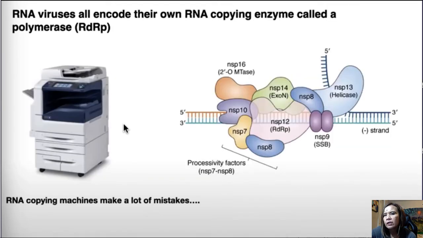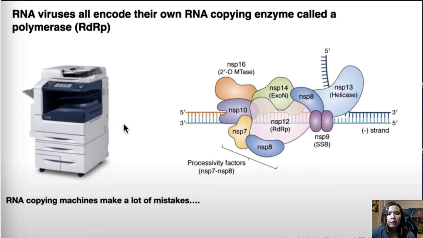Now, RNA viruses have their own RNA copying machine, but it makes lots of errors, contributing to a high mutation rate. But not coronavirus. It has its own proofreading mechanism. So this might be the reason why SARS-CoV-2 has a lower mutation rate, unlike HIV, influenza, or Ebola.